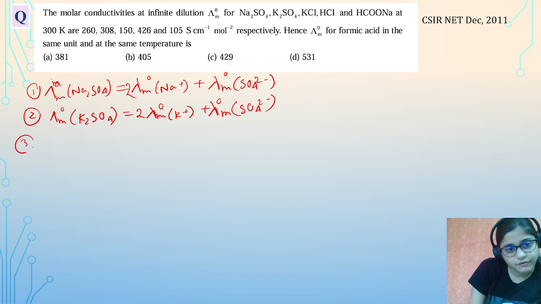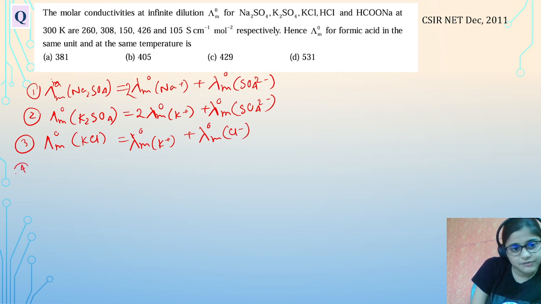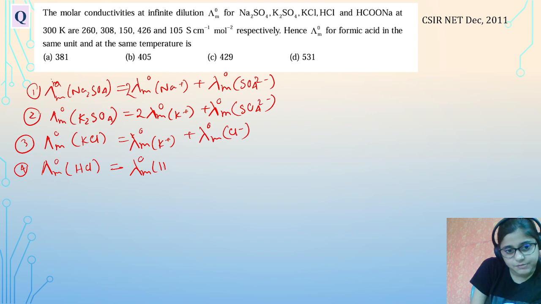Third is KCl: lambda M0 of K plus plus lambda M0 of Cl minus. The same for HCl: delta M0 of HCl equals lambda M0 of H plus plus lambda M0 of Cl minus.